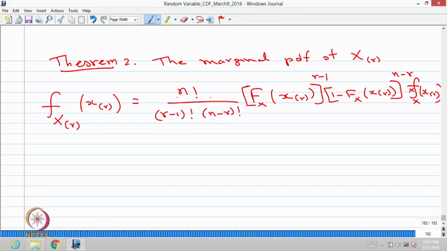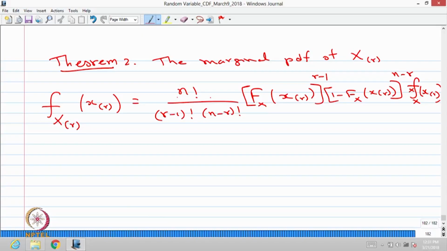This is going to be the probability density function of the rth order statistic, by using the CDF of any one random variable and the probability density function of any one random variable.